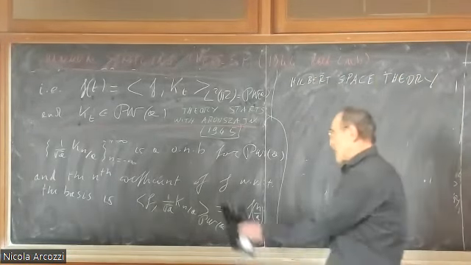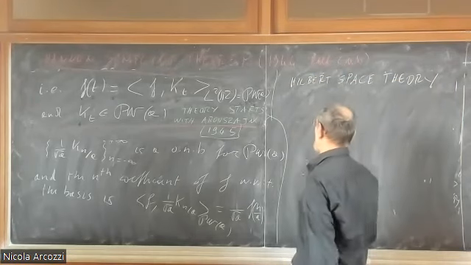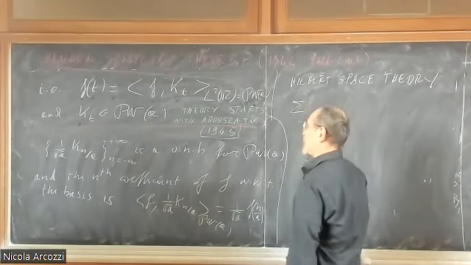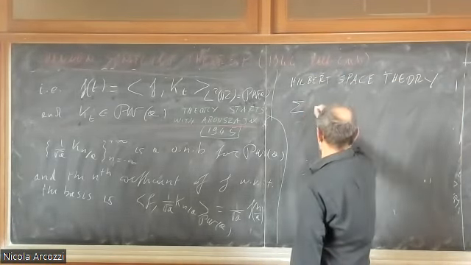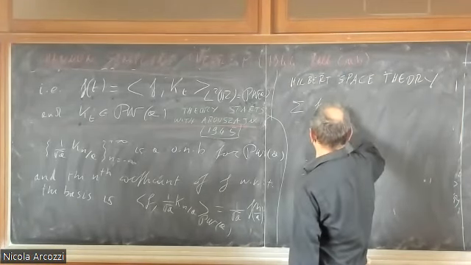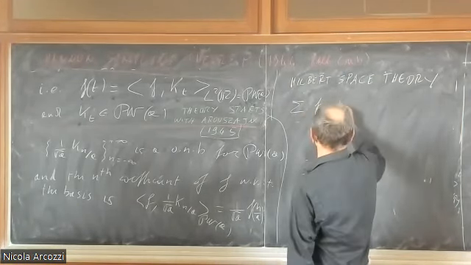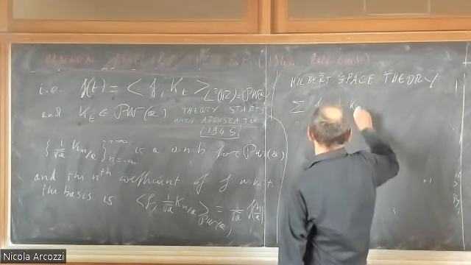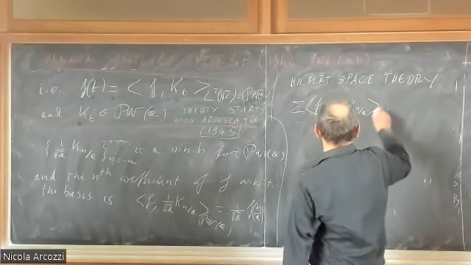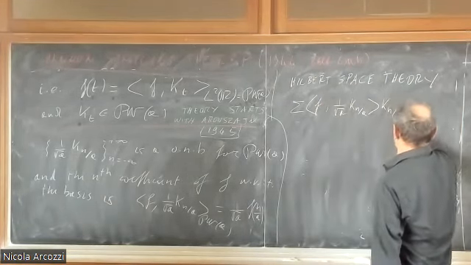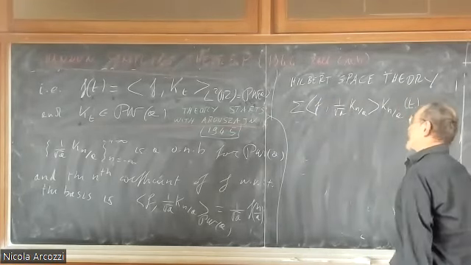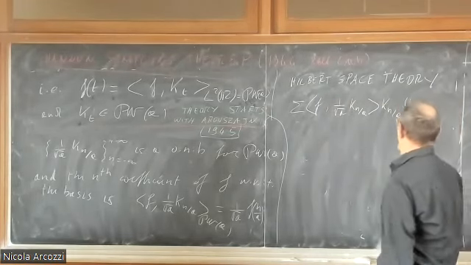We have that when I consider the sum of f with this orthonormal system, k n over a, it converges.